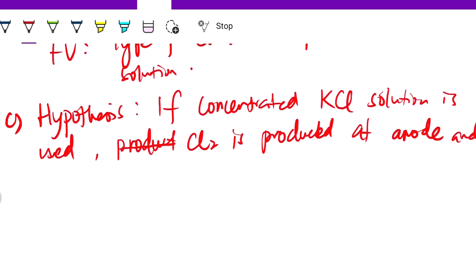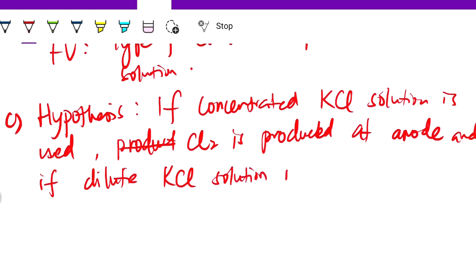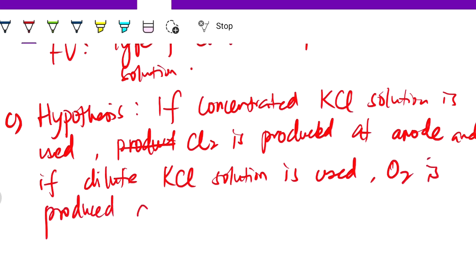And if dilute potassium chloride solution is used, oxygen is produced at the anode.